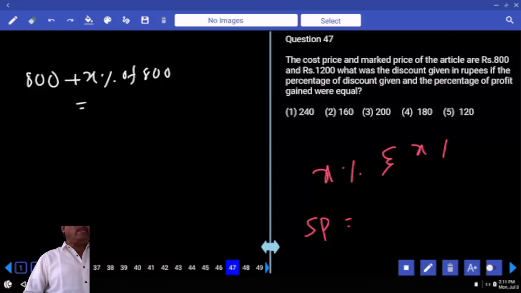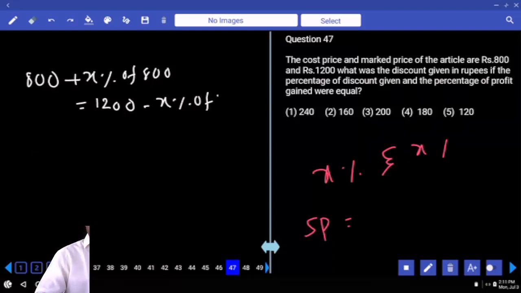This total is nothing but the selling price of the article. But the same selling price you can get in another way too. It is nothing but market price minus discount. The market price is given as 1200. Again the discount in percent is X. Therefore 1200 minus X% of 1200. Both the expressions are nothing but selling price of the same article.